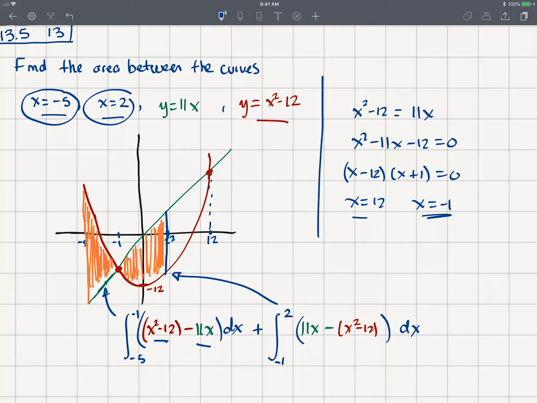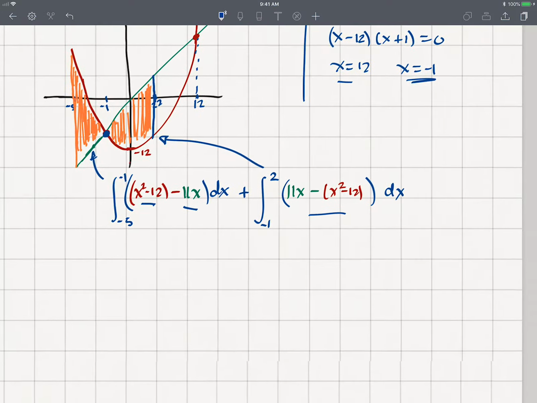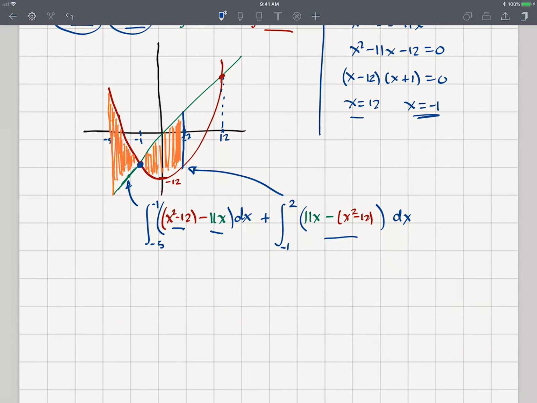If the two curves intersect, you need to find where they intersect, in this case at this point, because before the intersection the red one is above, so you do red minus green, and after that point you do green minus red. So it's not hard. The integrals are pretty much the same, just one of them is the negative of the other.